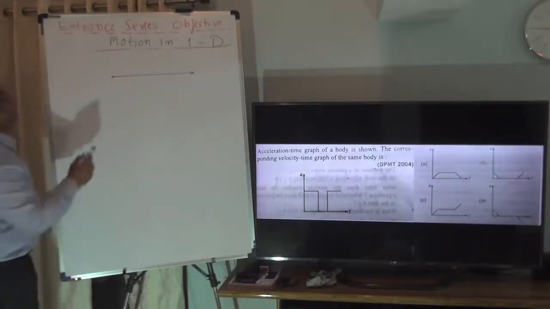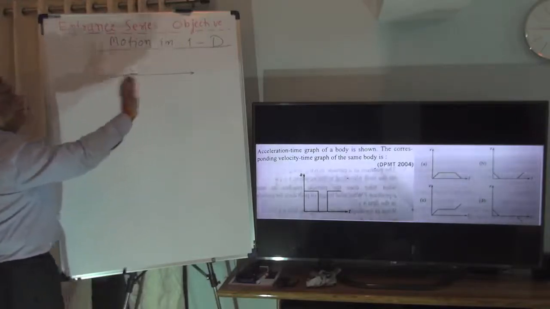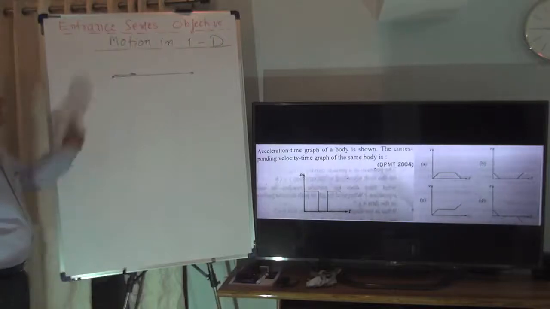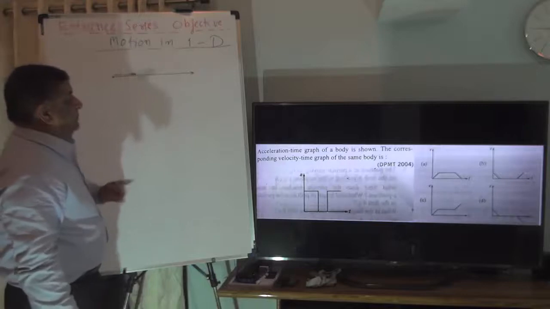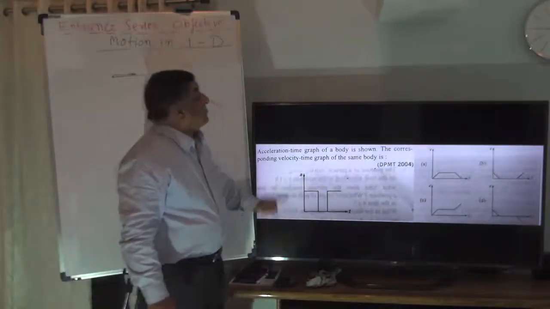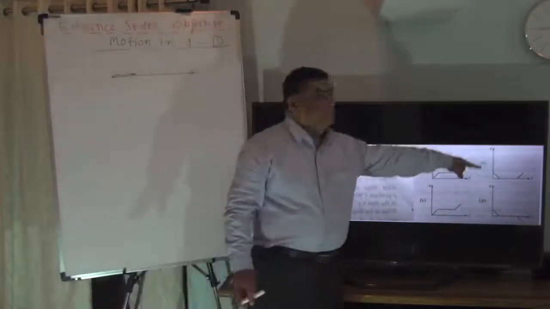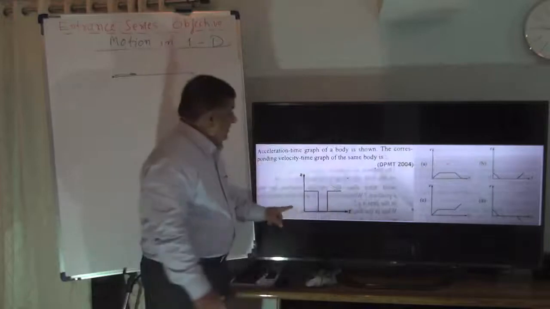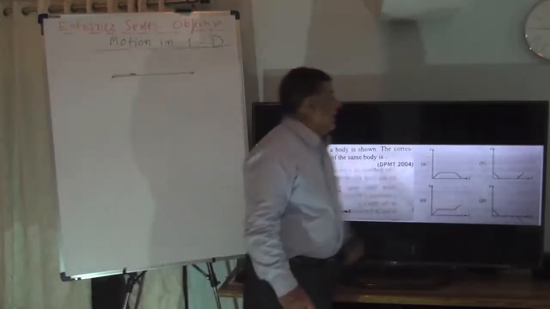That means it may have acceleration, velocity keeps on increasing, decreasing, or it remains constant. When it is increasing, there is acceleration. Now, this is the graph between A and T. For the same motion, there is a VT graph out of these two. So we have to find out which VT graph is applicable for this AT graph.